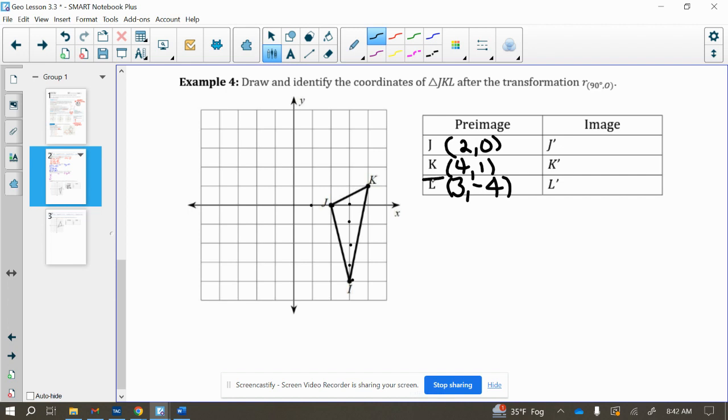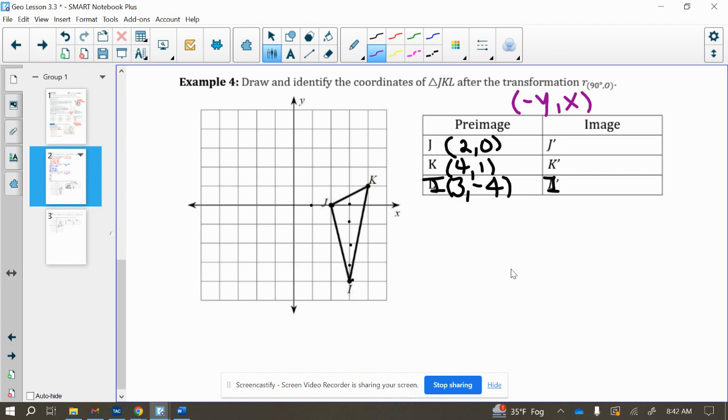In our image, we're looking for J prime, K prime, and L prime, and we need to rotate this 90 degrees around the origin. So again, our rule is we're going to take our original x and y values, flip them, and the new x value, the old y value, gets negated.